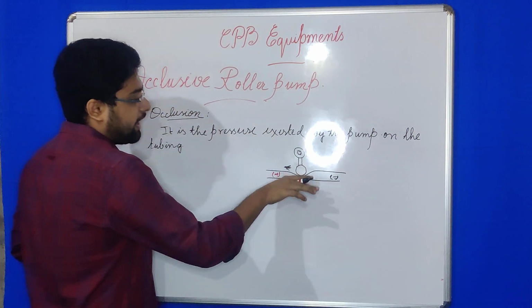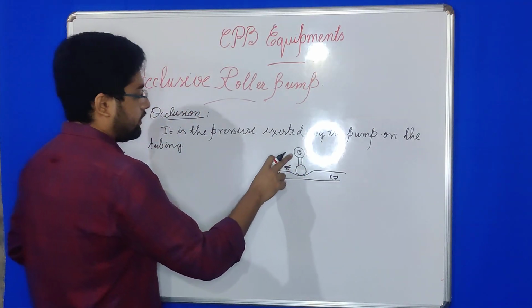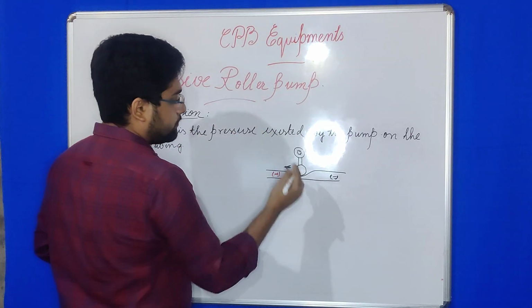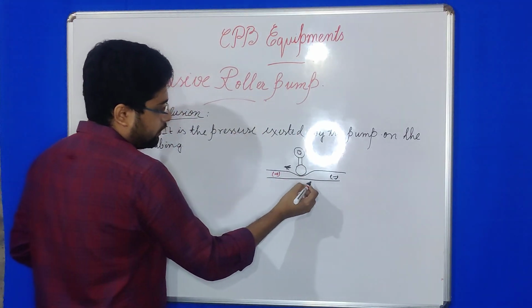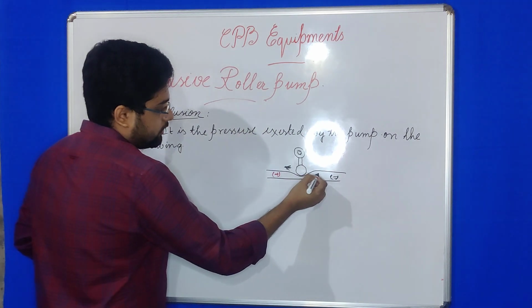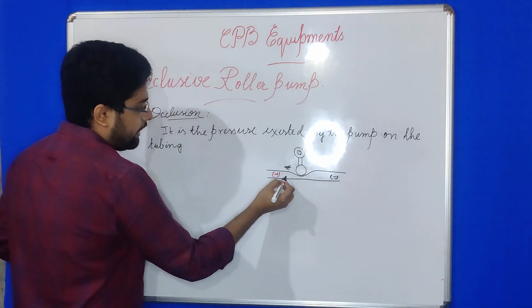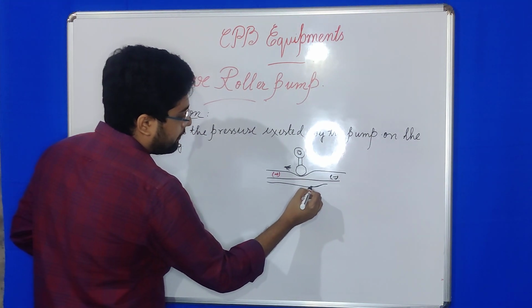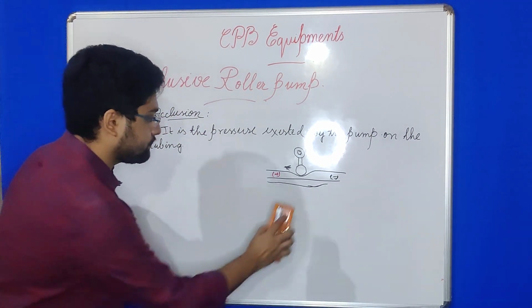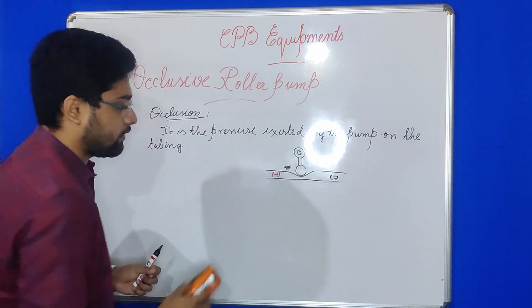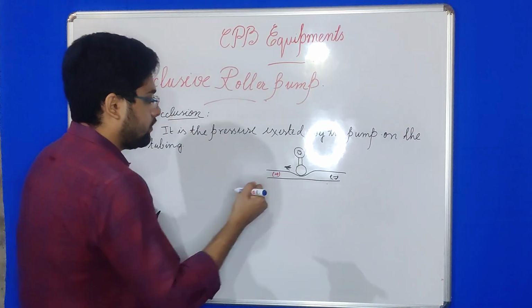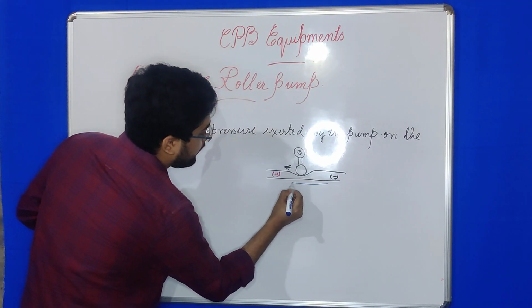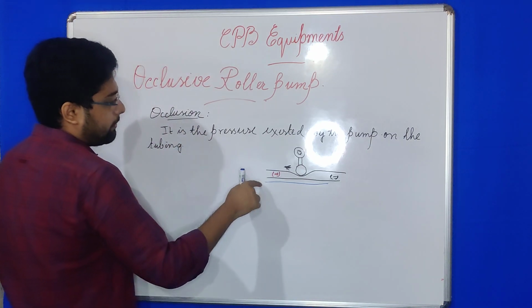So what is behind the tubing? In the previous part I told you about the housing: the tubing is in the raceway, and behind that raceway we have the back plate of the roller pump.